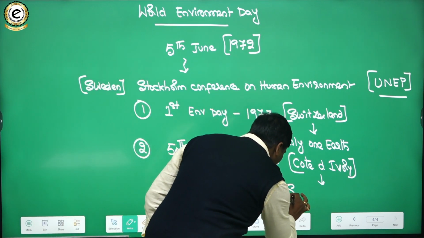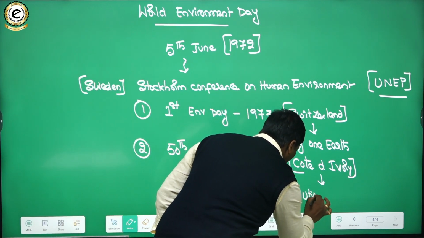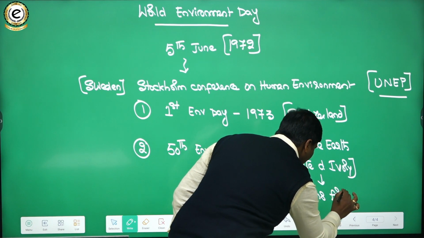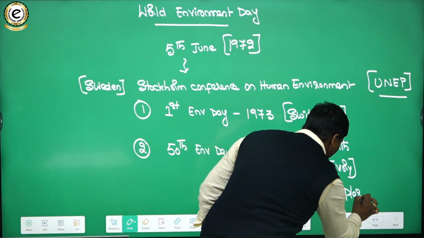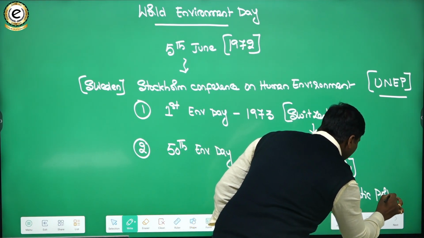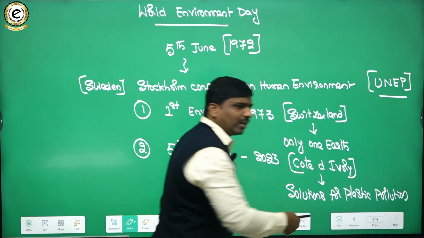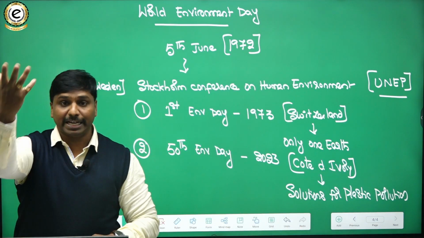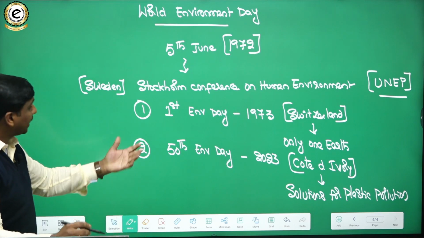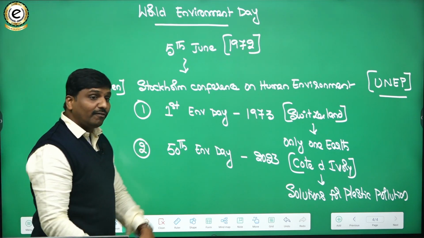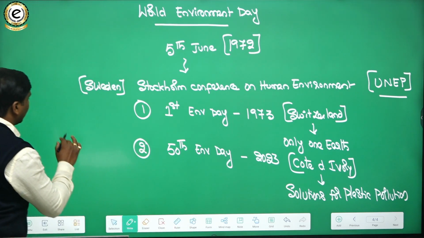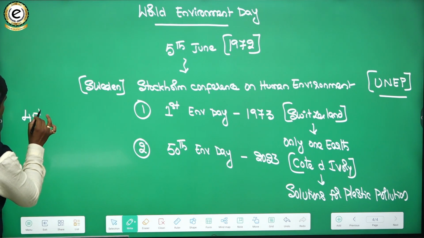So the theme is solutions for plastic pollution. But nevertheless, we can also say that in one way, beat pollution is the major theme, which has already been adapted by India on the 45th Environment Day.